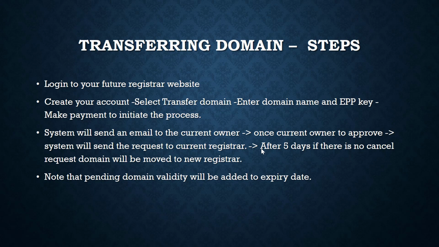For example, your domain is already valid up to June and you transfer to our server in January, then the new expiry date for your domain is June of next year. It means it will add 1 year from the current renewal, and it will add the previous 6 months pending to the expiry date. So you will not lose any expiry period when you transfer a domain.